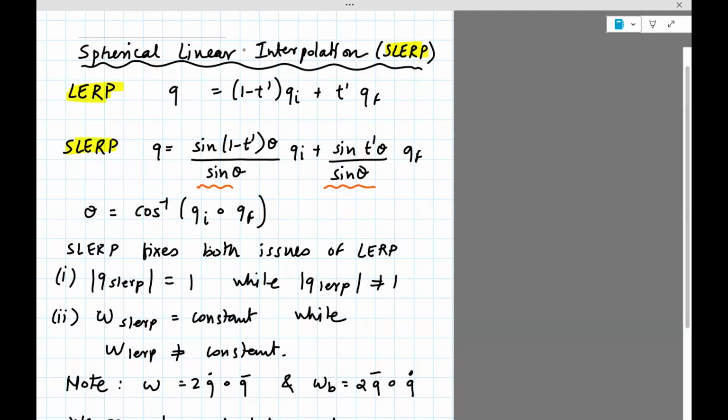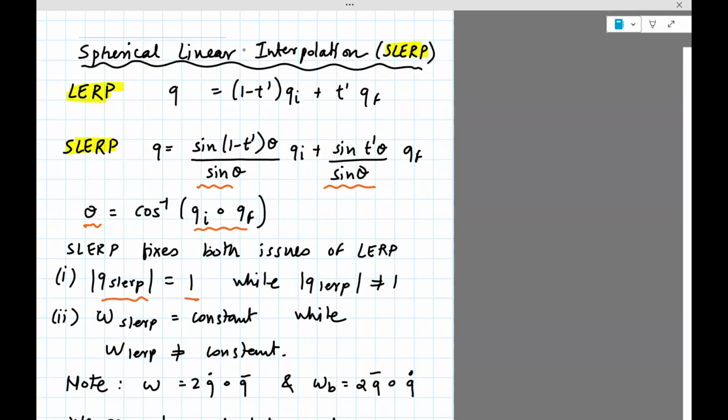It follows sine of (1 minus t prime) theta, where theta can be found by computing the angle between qi and qf. That's just taking the dot product of qi and qf, you get theta, and then you can use that. So what this does is that it ensures that the norm of q SLERP is always 1.